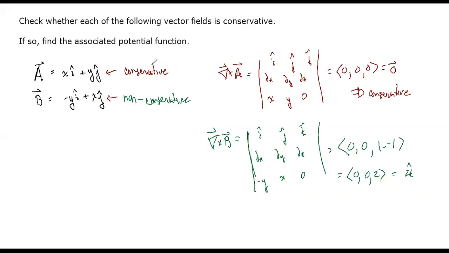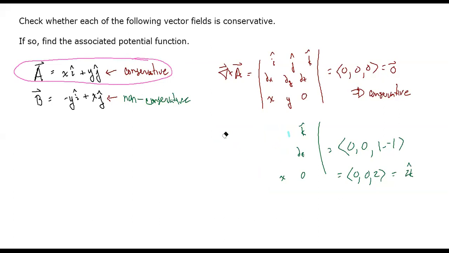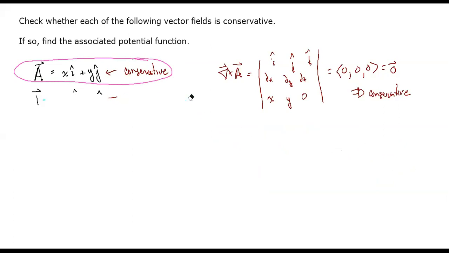Okay, so second part of the question is we have a conservative force. This means that somewhere out there in the space of all possible functions, there's a potential function. And the potential function could satisfy the following really nice property.